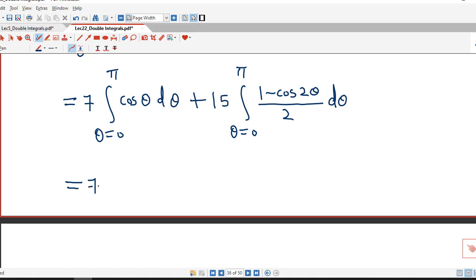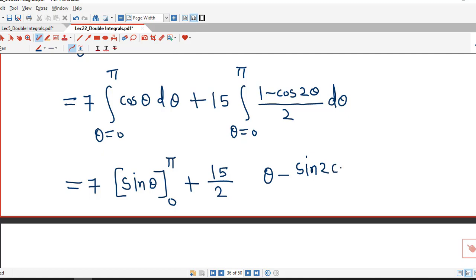Now the integral of cos theta is sin theta, and limits are from 0 to pi. Here we can take this 1 by 2 outside. Integral of 1 with respect to theta is theta. Integral of cos 2 theta is sin 2 theta divided by 2. Limits of theta are from 0 to pi.